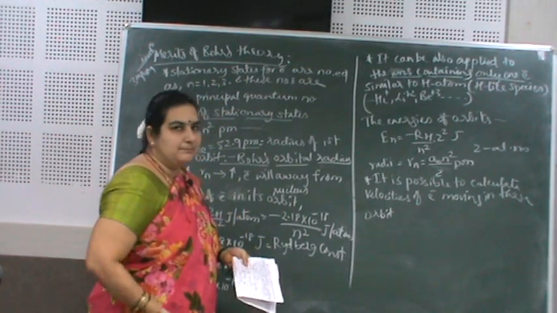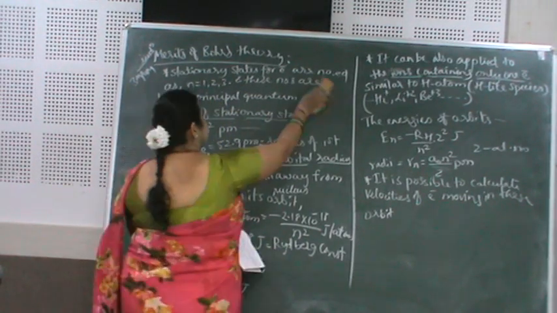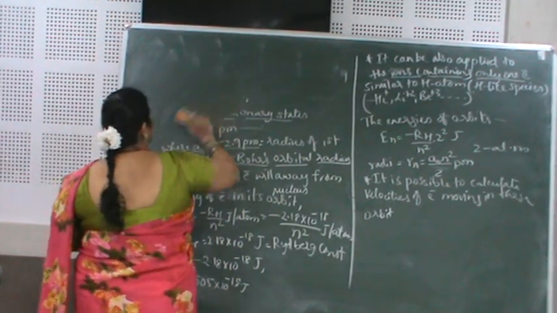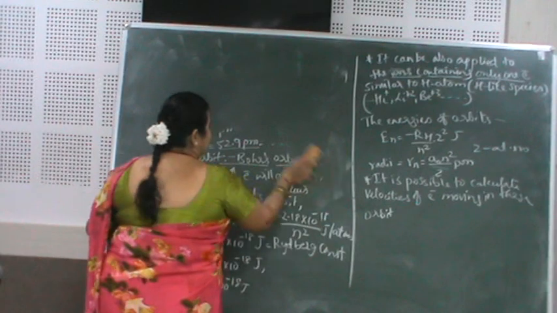And another important merit of Bohr's theory is that we can use it to explain the line spectrum of hydrogen.